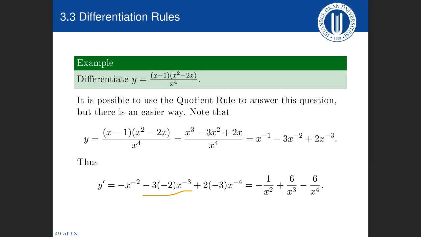So minus 3 multiplied by minus 2 multiplied by x to the power minus 3, etc. And then we can write that as minus 1 over x squared plus 6 over x cubed minus 6 over x to the power 4.